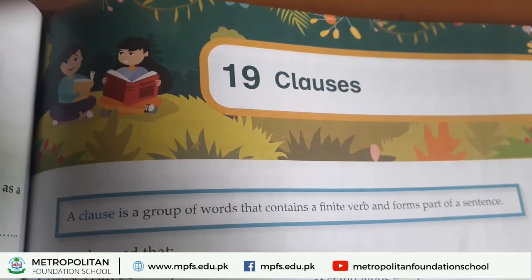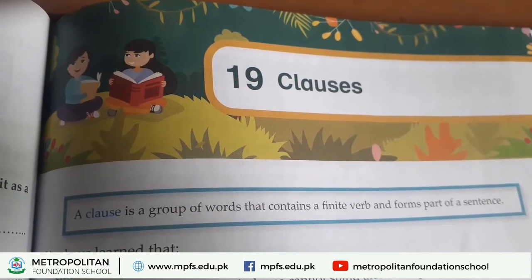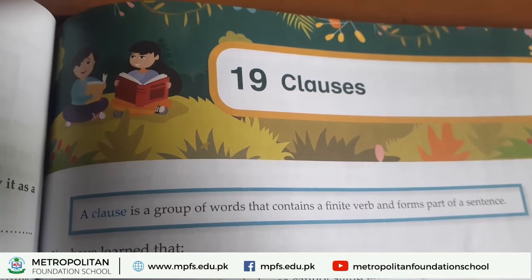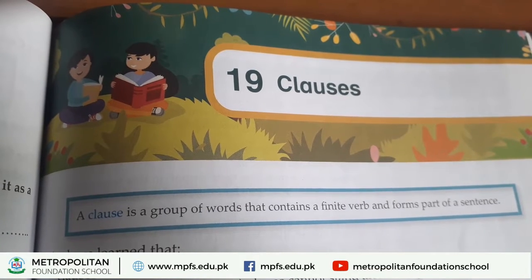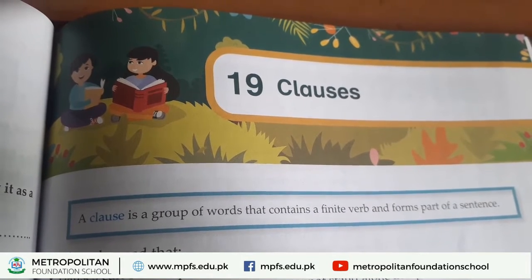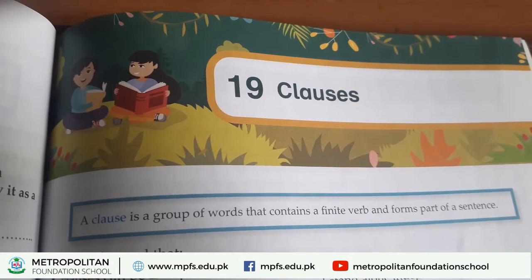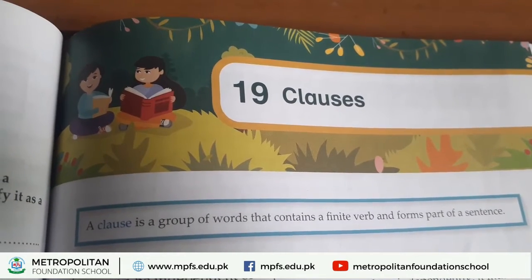It means a clause is a group of words that comes in the sentence with a finite verb and forms part of the sentence. So we have learned about that.